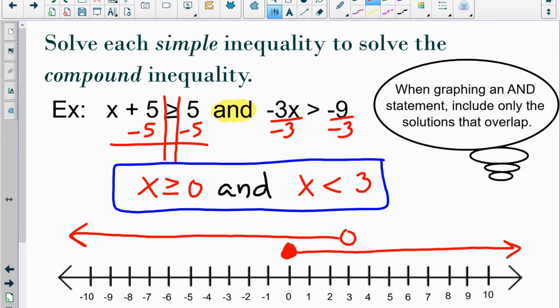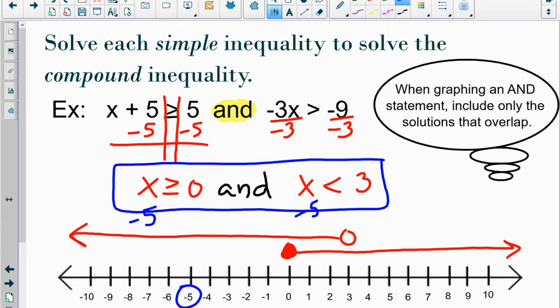And actually, if you think about it, is a number like negative 5 a solution to this compound inequality? Well, is negative 5 greater than or equal to 0? No. Is negative 5 less than 3? Yeah. So is negative 5 greater than or equal to 0 and less than 3?